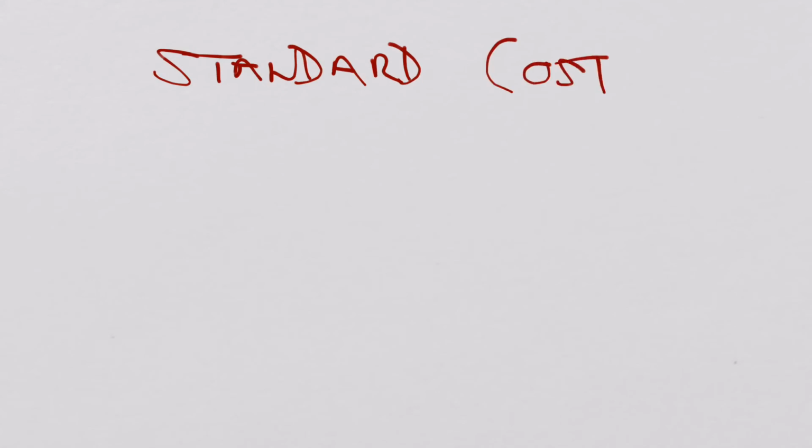Also, it may be oversimplified to say this, but remember, and because there was an error on the quiz, I just want to reiterate that the definition of standard cost is per unit.